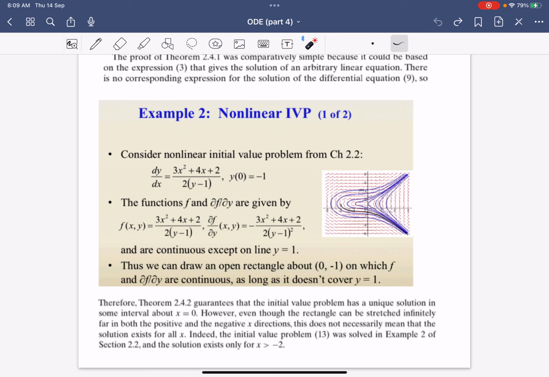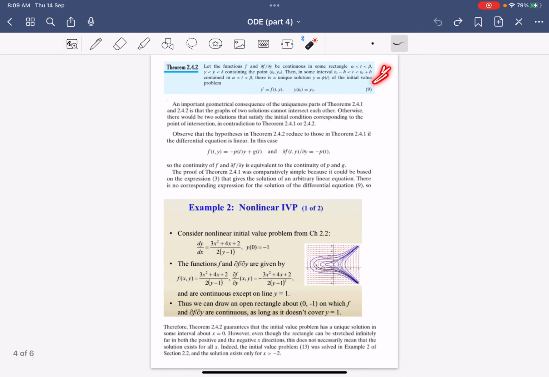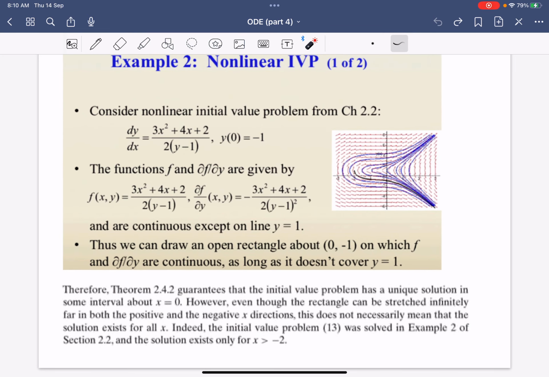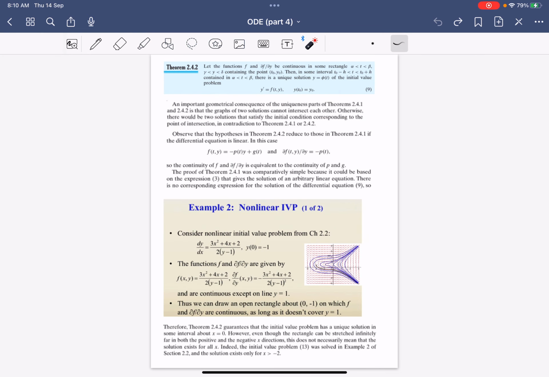Thus, we can draw an open rectangle about the initial value, 0 and minus 1, on which f and the partial derivative are both continuous as long as it doesn't overlap with y equals 1. Based on the theorem above, we will then have a unique solution about this interval.